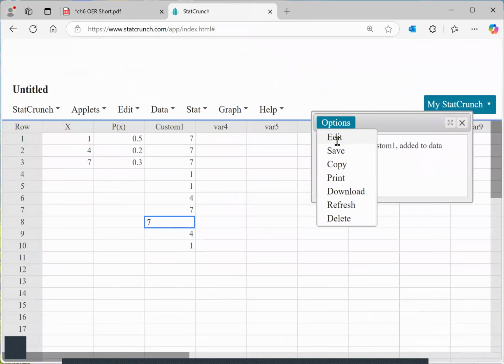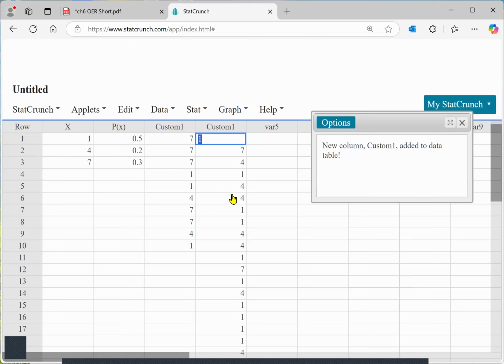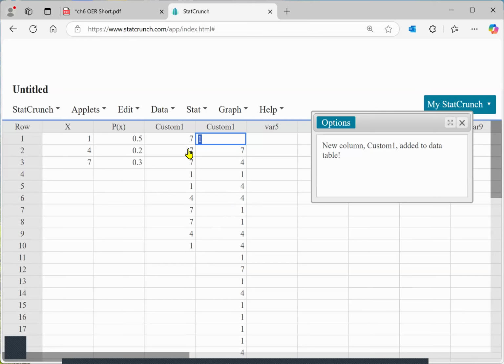So let's go ahead and do this again. Instead of 10, let's do something more like 50. And notice that now we have more entries here, where we have more trials or simulations of my experiment. And what the random variable tells you is basically what you can expect.